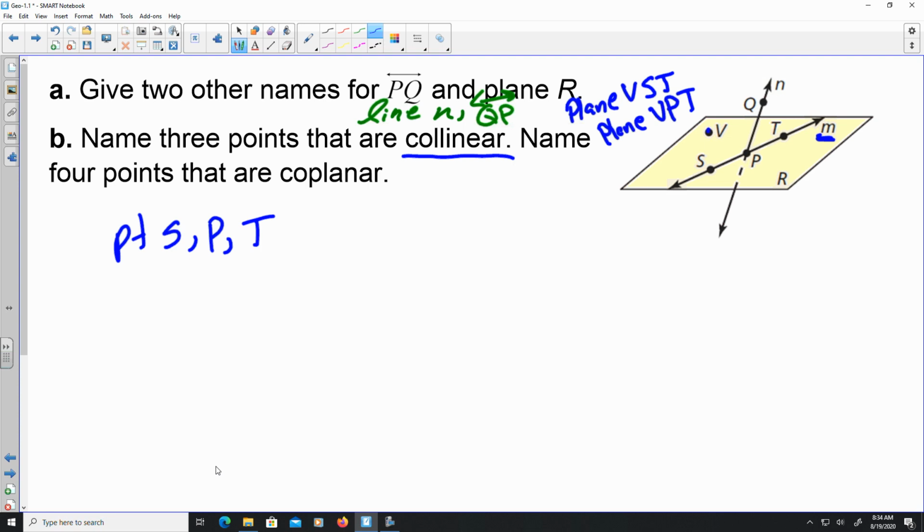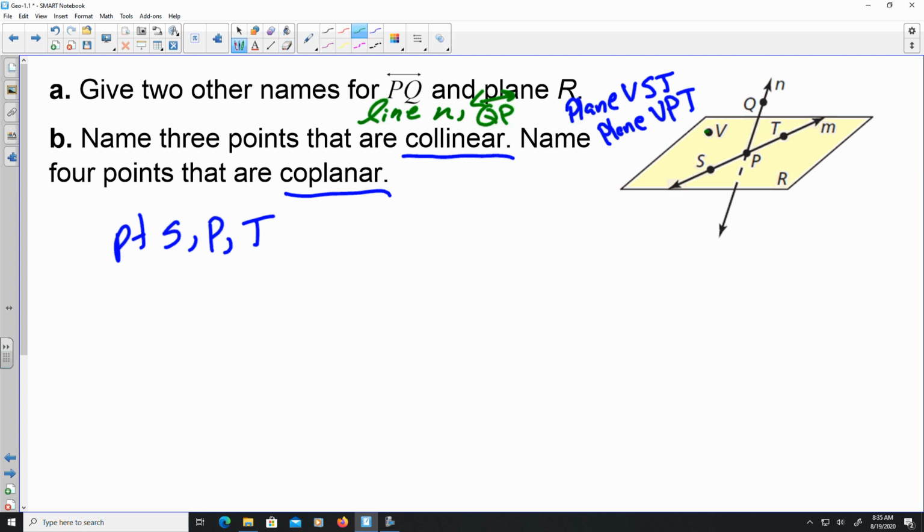And in this situation, they want you to name 4 points that are coplanar. Coplanar points are points that are on the same plane. So we have to look at the points that are on the same plane.